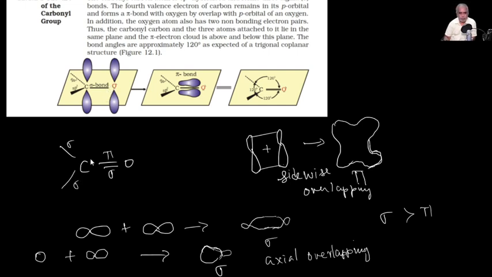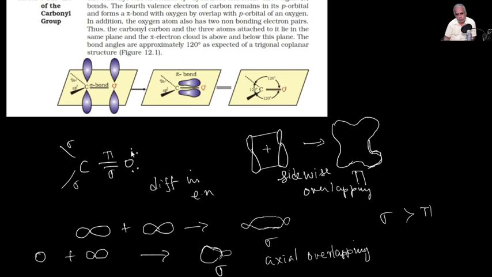And particularly when it is bound with two atoms of different electronegativity. Like in the case of carbon, this is less electronegative and oxygen is more electronegative. So because of the difference in electronegativity, there is a chance of transfer of pi electron. This oxygen already has two pairs of electrons.